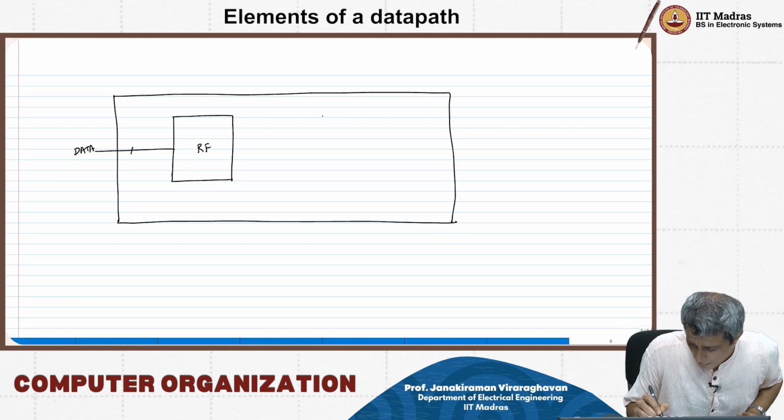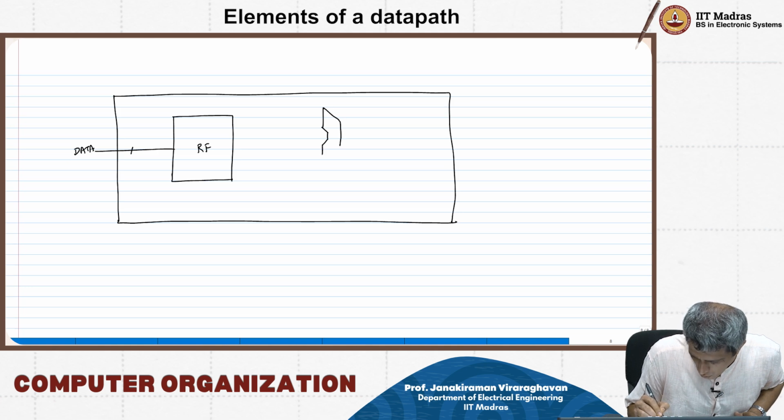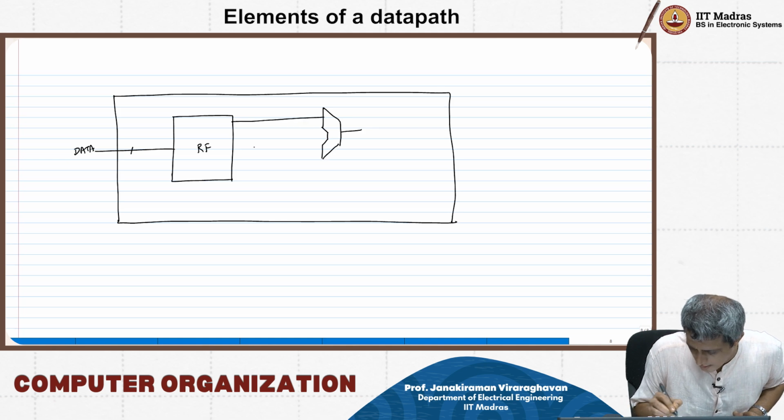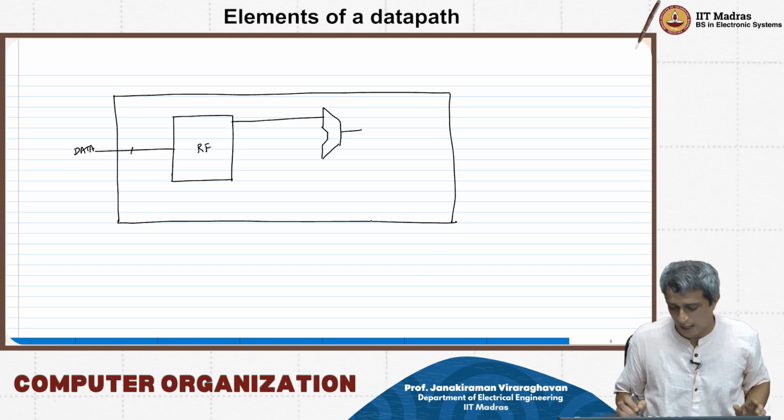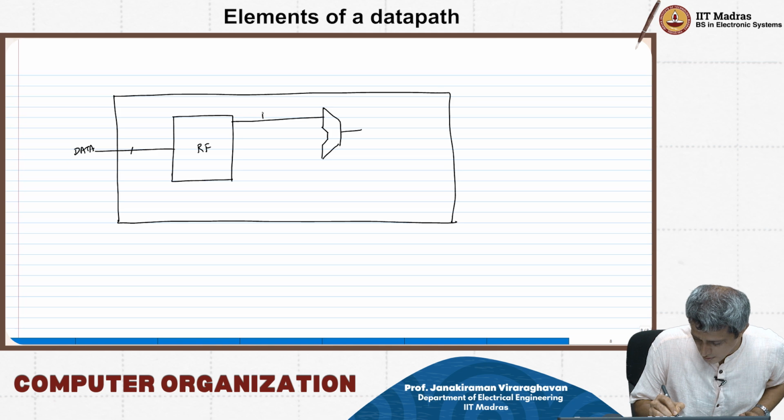And then my ALU is now going to decide these operations. So I am assuming that you are able to read 2 registers at a time. So therefore, let me call this the A bus and this the B bus.